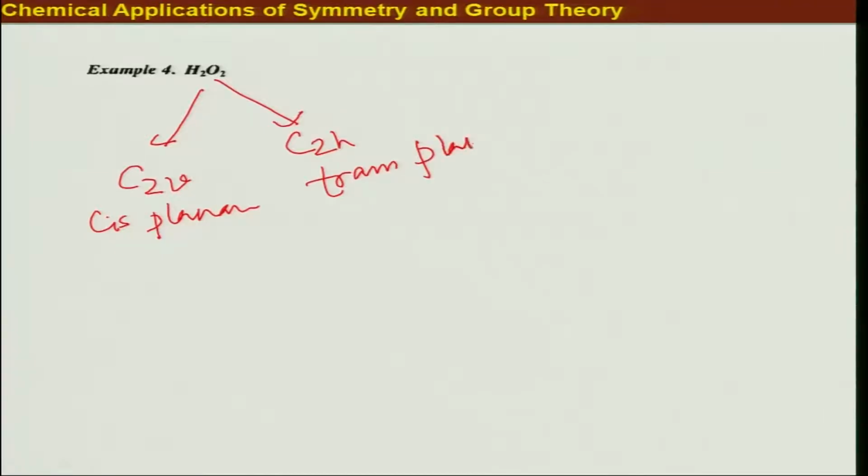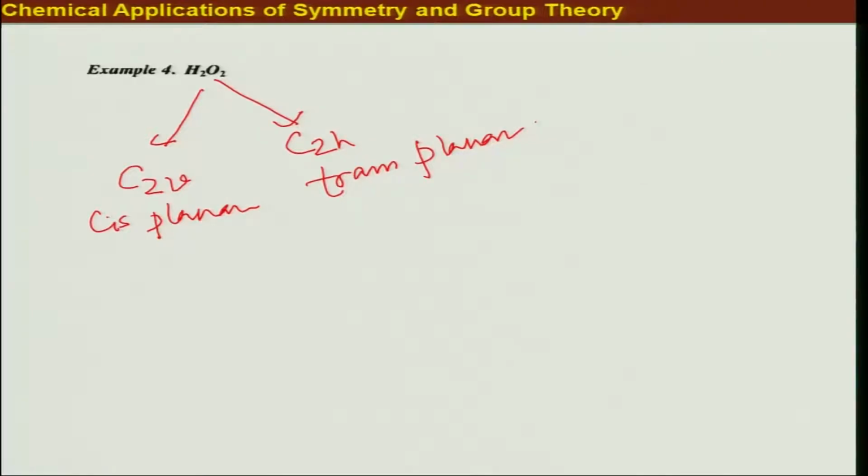One is the planar cis configuration, for which we got the C2V point group, while we got the C2H point group for trans planar. I guess you still remember the symmetry operations.